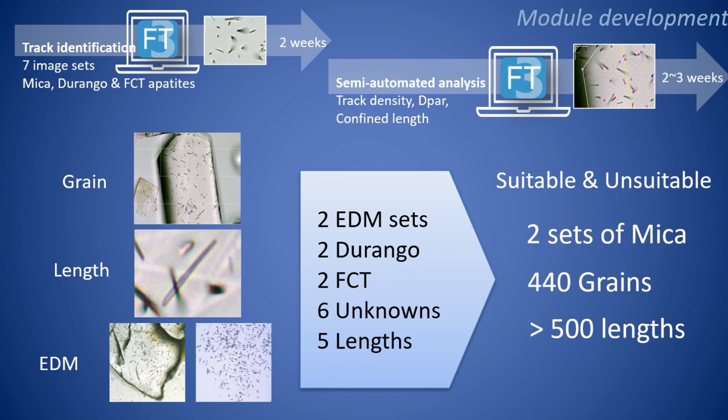Grain selection can be executed even without access to a microscope and a sample mount. We include 2 sets of mica and over 400 grains, and the images potentially contain over 500 measurable confined track lenses for trainees to practice.